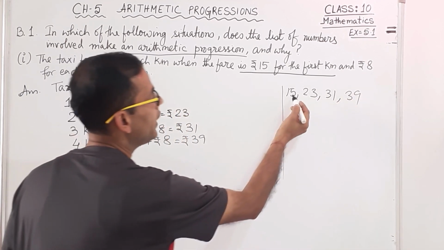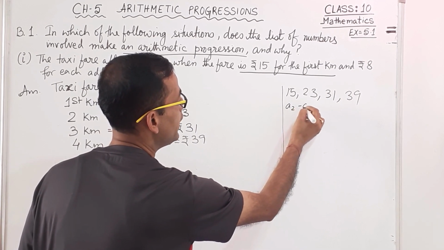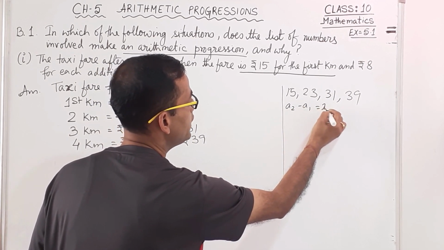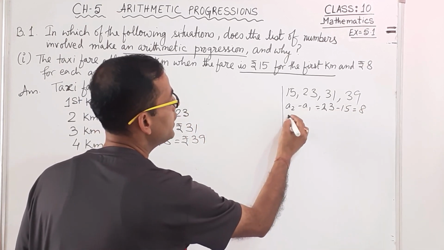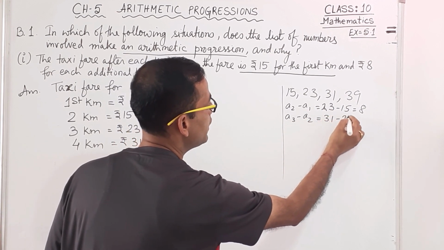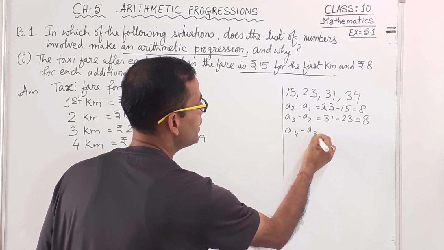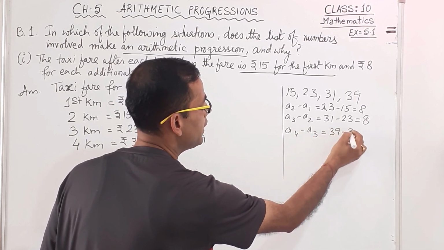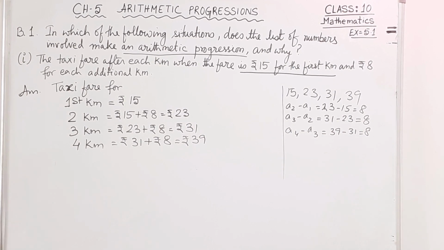Now A1, A2, A3, A4. A2 minus A1, 23 minus 15, it is coming 8, clear now? Then A3 minus A2, 31 minus 23, it is coming 8. A4 minus A3, how much coming? 39 minus 31, 8. So all are coming same. So we can say yes, it is an AP.